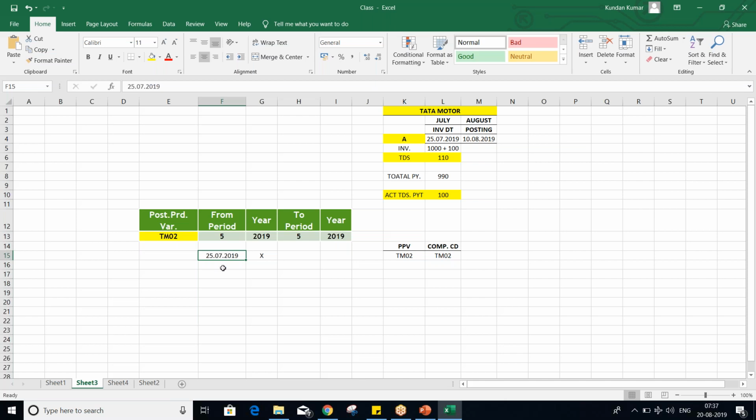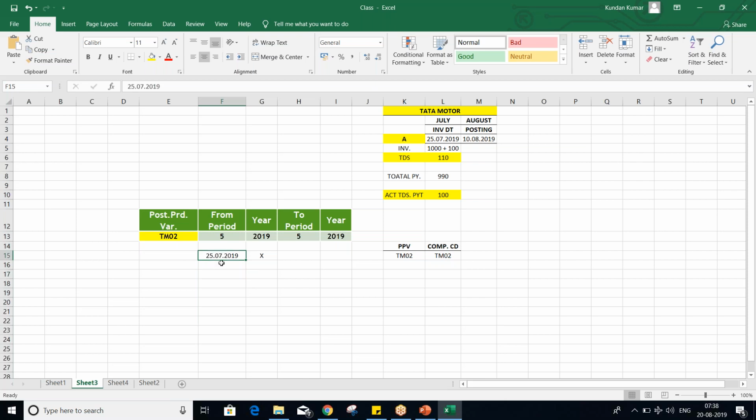So if the transaction is posted on the correct date, then only will the payment terms be calculated perfectly and automatically by the system.